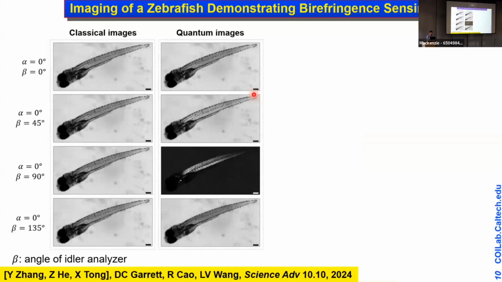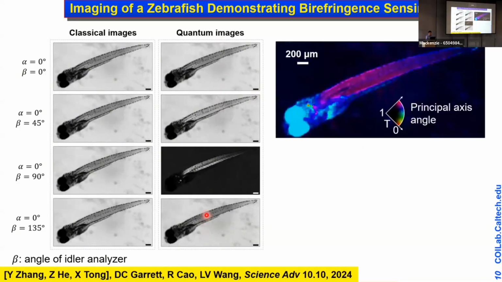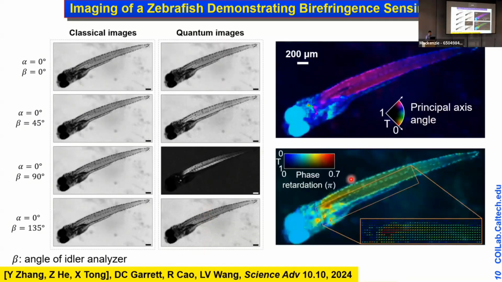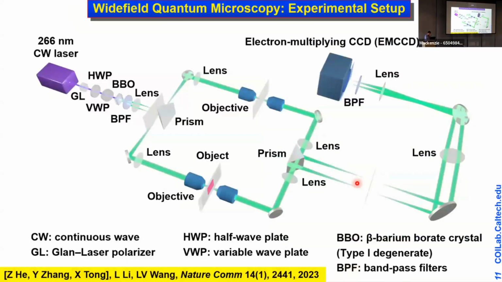But if you look at the coincidence quantum images, they are different because we're changing the idler arm's polarization angle. Through those 4 images, you can figure out the principal axis angle and the amount of birefringence or phase retardation. So you can measure the polarization property.